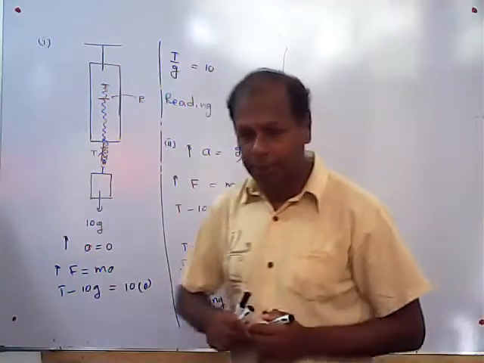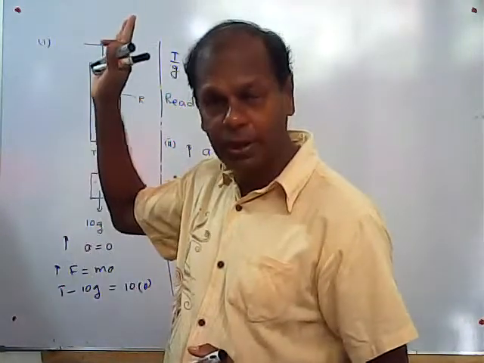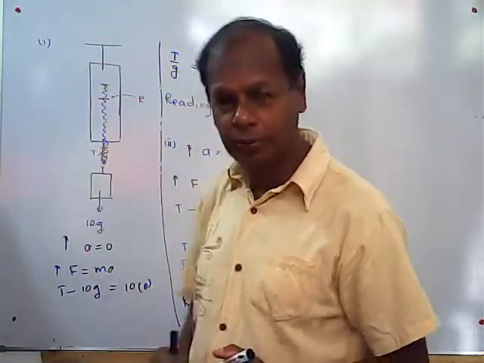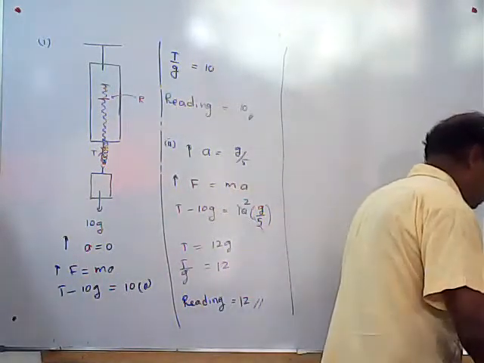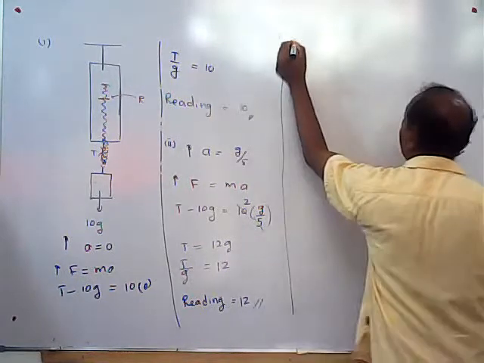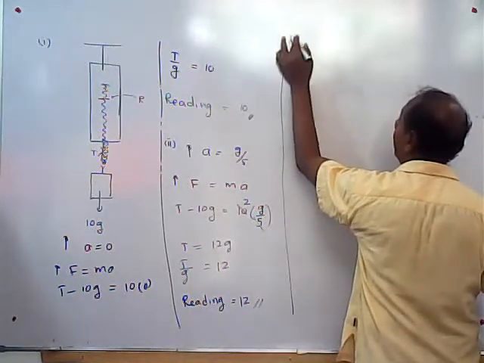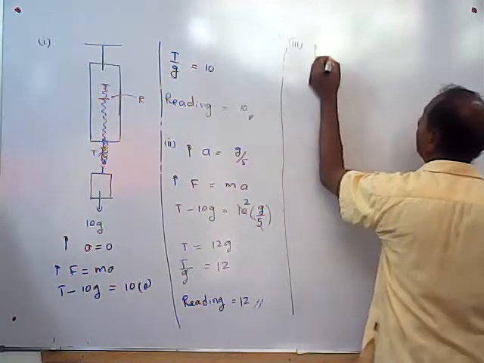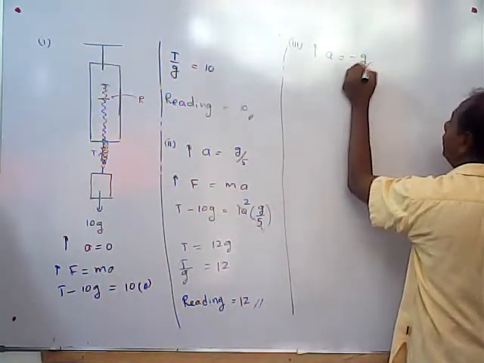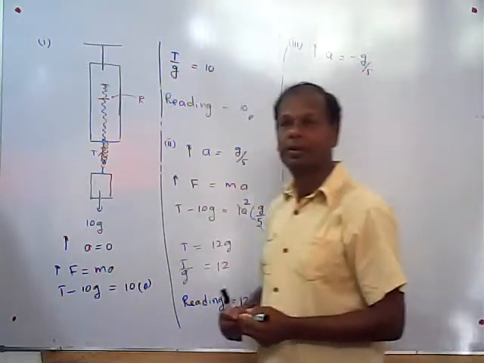Then part 3, the elevator is going up at acceleration minus g over 5. Oh, it's a deceleration upwards, right?